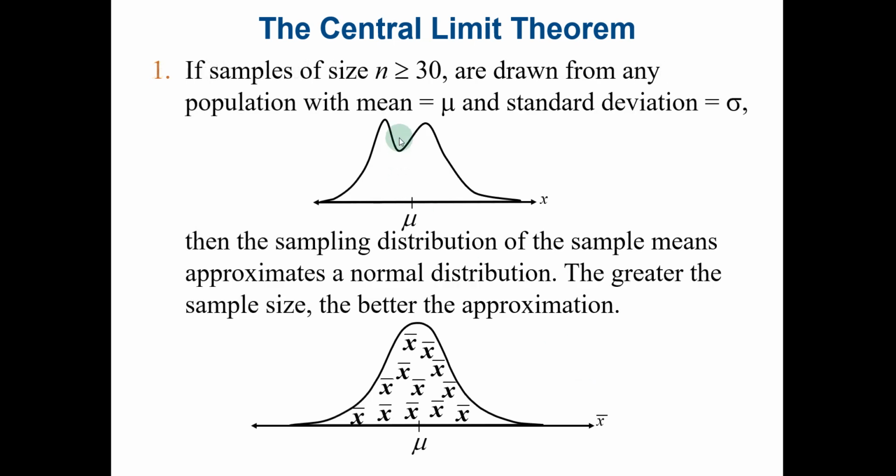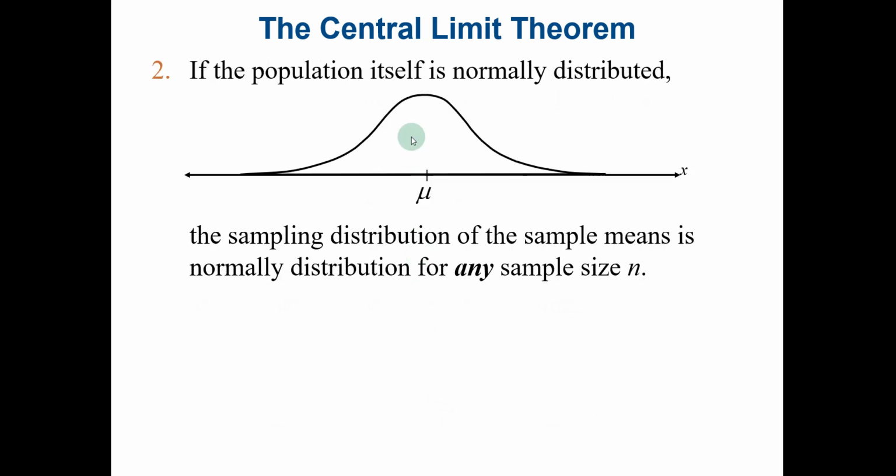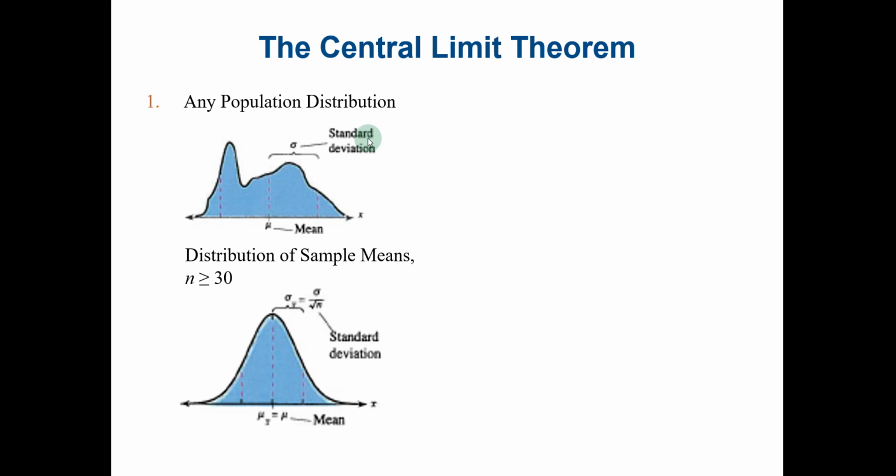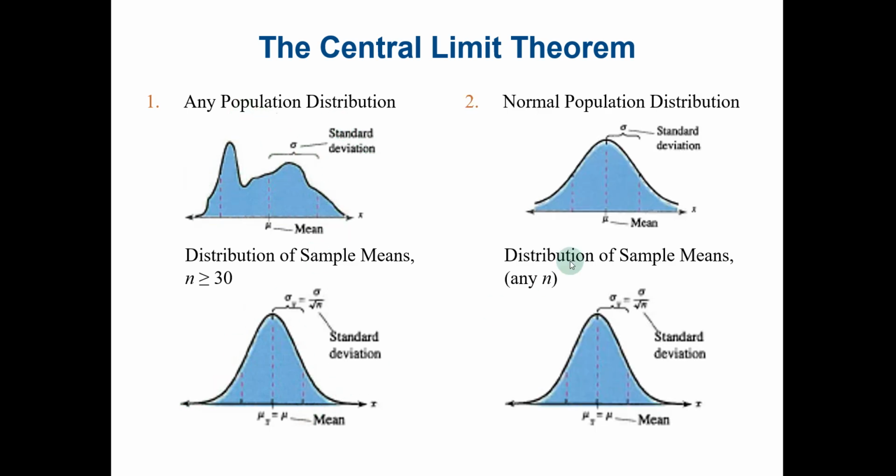What I presented here is not normal, but it will look normal. If it's already normal, it's still going to look normal. So you couldn't care less. It will end up looking normal. So this is what we are saying. Not normal and normal changes nothing. You will end up with a normal distribution, and you can use it for your computation.